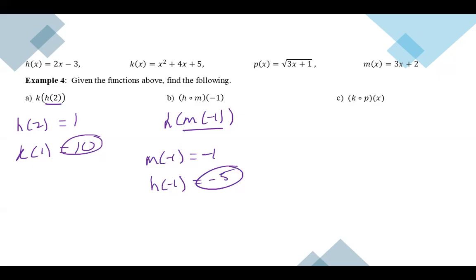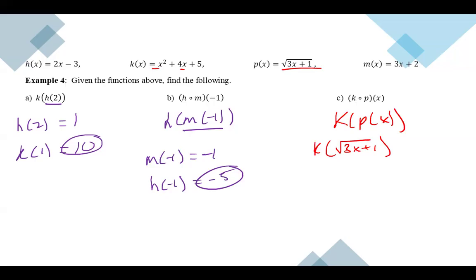Okay. Last was K composed of P of X, which means K with P of X inside of it. P of X equals the square root of 3x plus 1. So we have K composed of the square root of 3x plus 1, which means everywhere in K, I'm going to replace it with the square root of 3x plus 1.